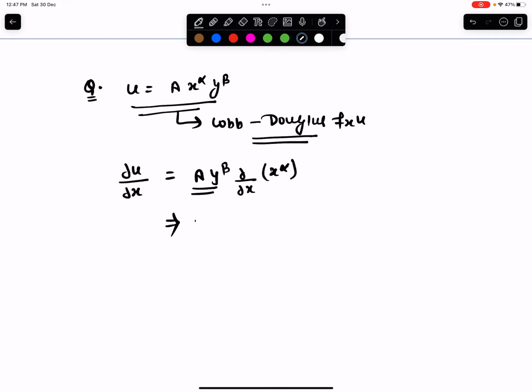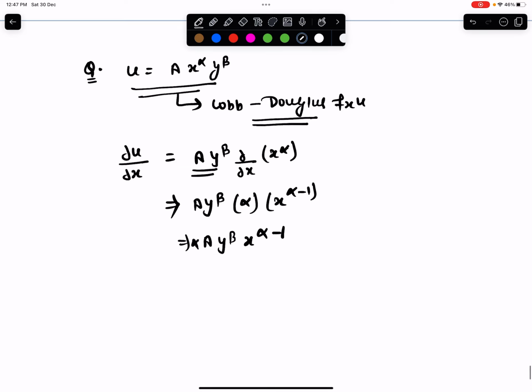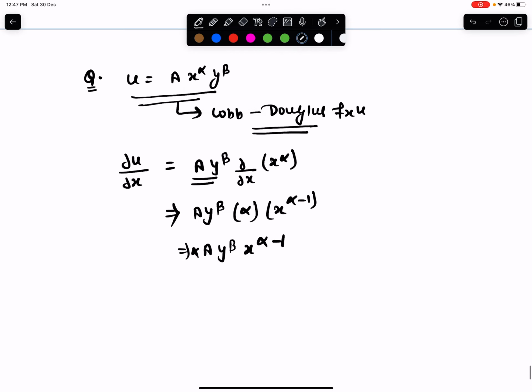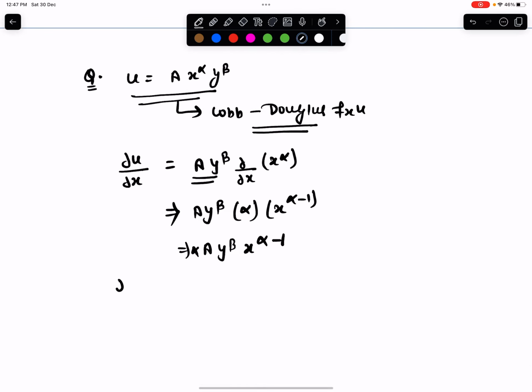So the derivation of this is a y beta, alpha comes out, into x raised to the power alpha minus 1. So this becomes alpha a y beta x raised to the power alpha minus 1. This is the derivative of u with respect to x. Now we have to find u with respect to y. This becomes a x alpha curly by curly y of y raised to the power beta.